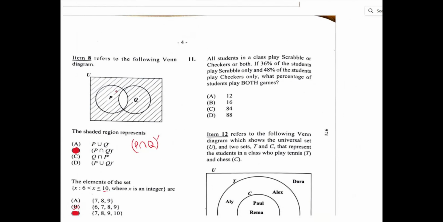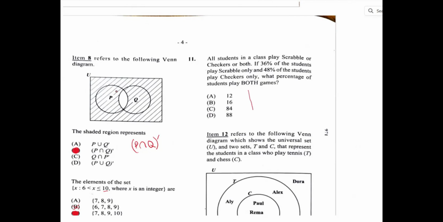I was going to go with the easy way instead of showing the Venn diagram, but hold on. I think I'm going to draw my Venn diagram.